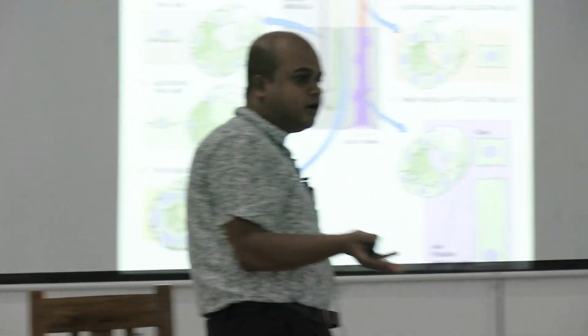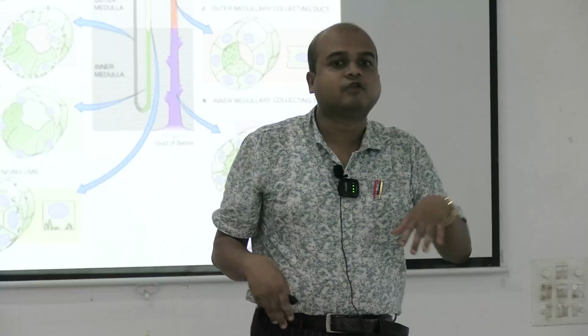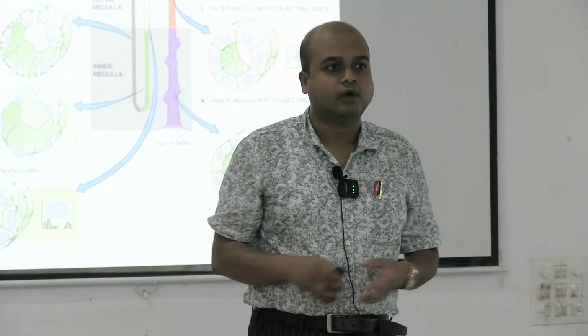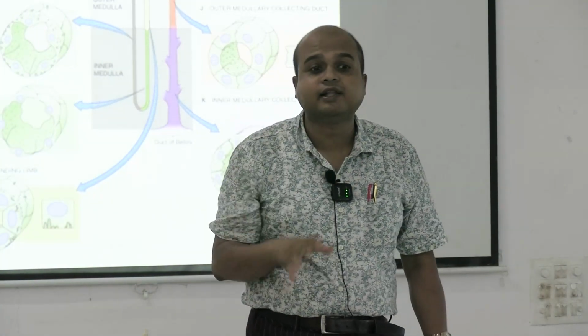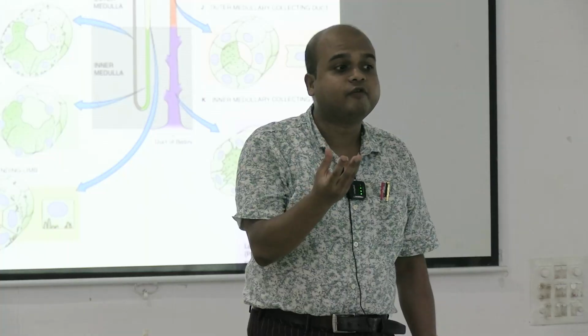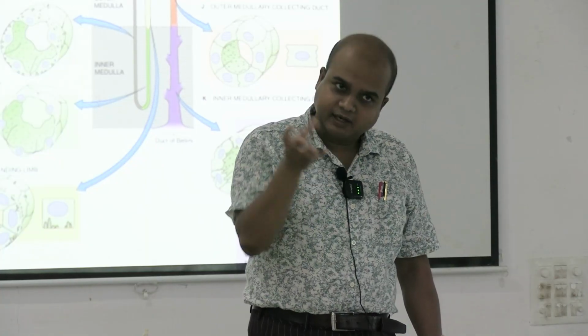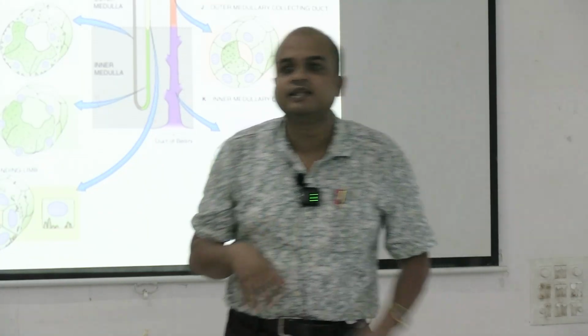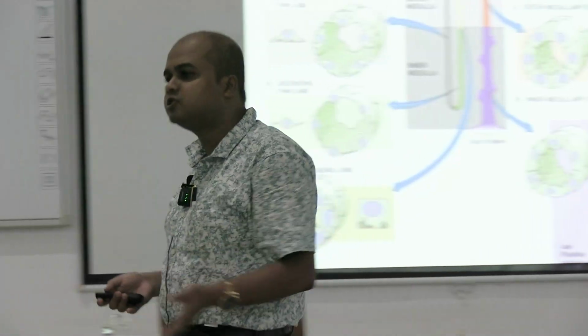In the initial collecting tubule, there are two other types of cells: the principal cells and the intercalated cells. Principal cells are again for reabsorption, and make up two thirds of the cells of this collecting tubule. Intercalated cells regulate the acid-base balance. Some terms you have to remember.